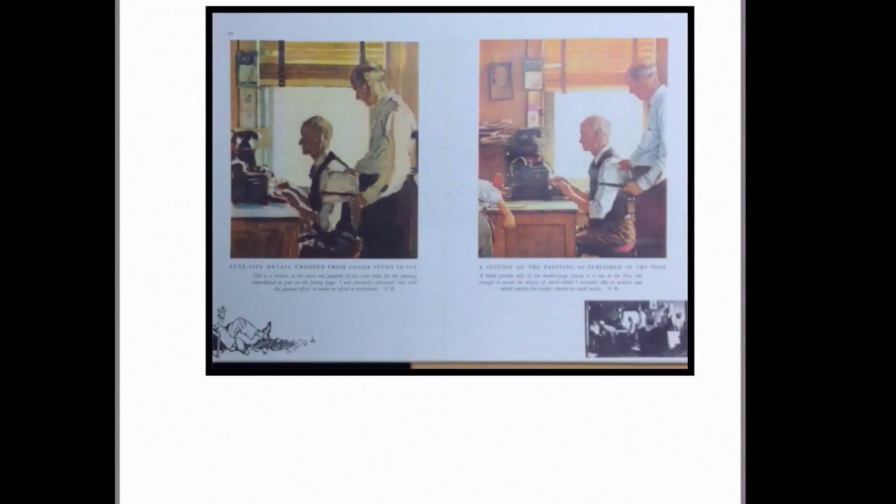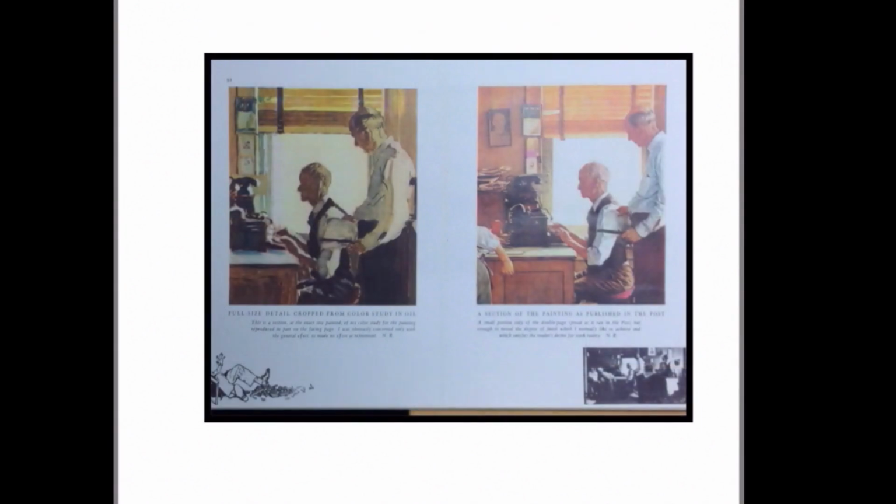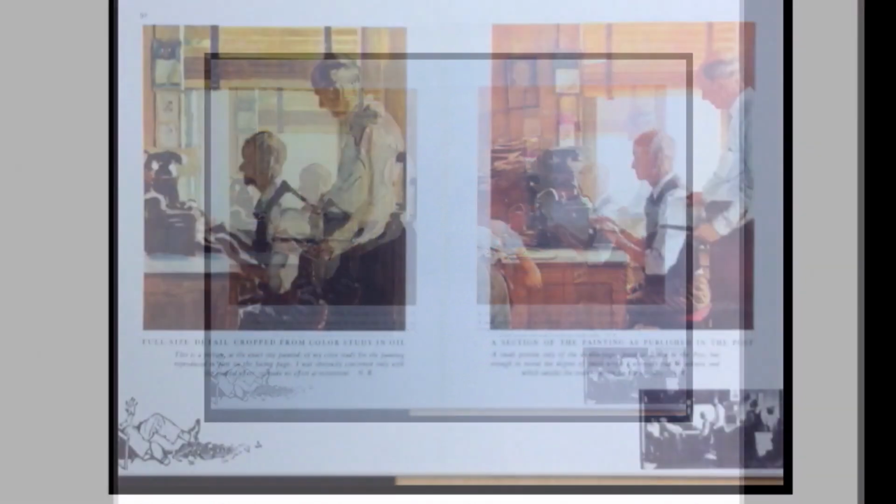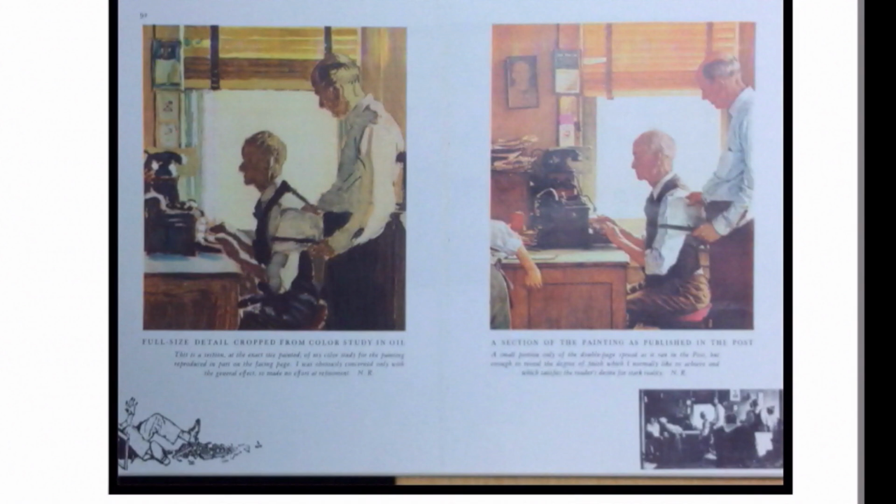Here's a Norman Rockwell image, and you can see the one on the left was one of the early sketches for the painting, and the one on the right is a farther developed section of the painting. But you can see that he designed this by its local values, strong local values. The guy's backlit, and the guy typing must be important because his hands and the typewriter are the only thing that really have a strong chiaroscuro. And when you change the design, you can see it strongly on the left because that's where he really kept the influence.